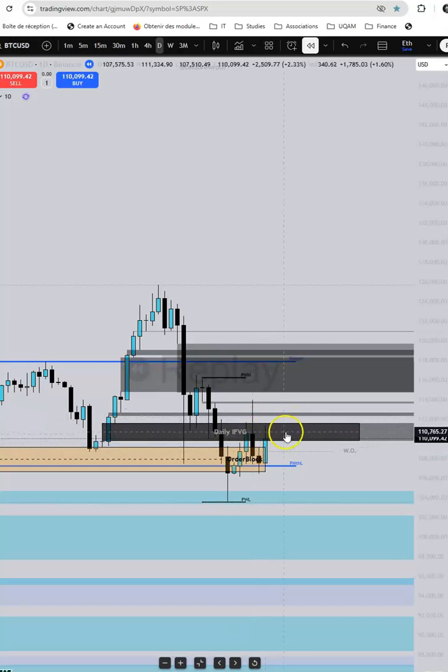So what we're aiming for is to cancel or invert this inversion. So this was on Thursday. Friday we closed bullish. So what I was expecting on Saturday is the price to continue up.